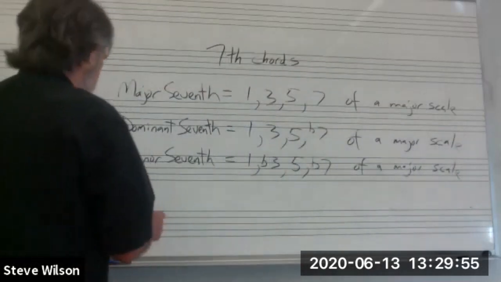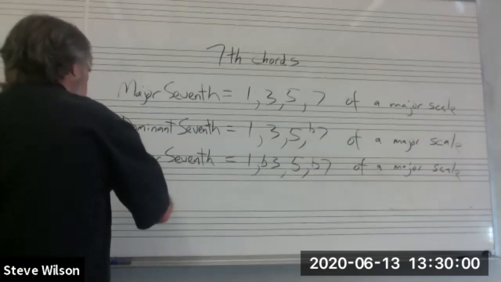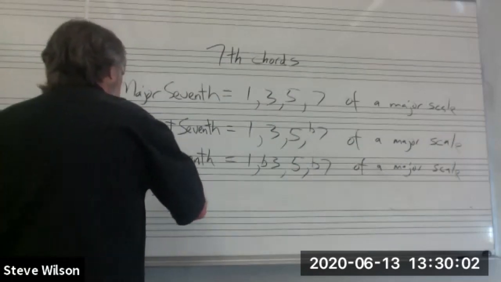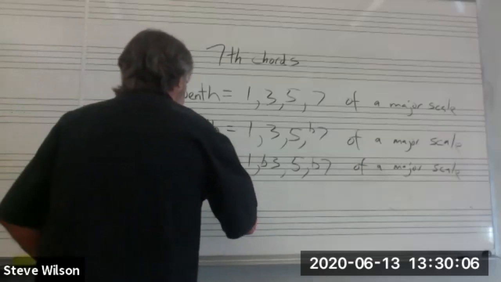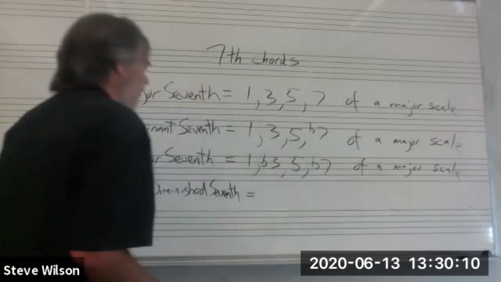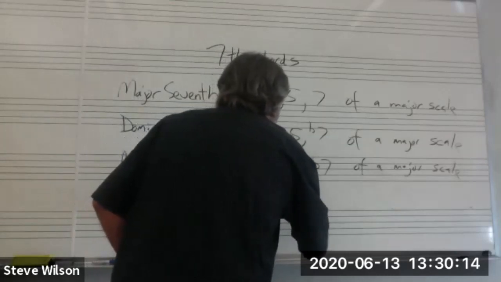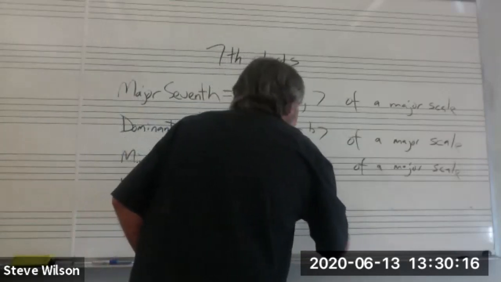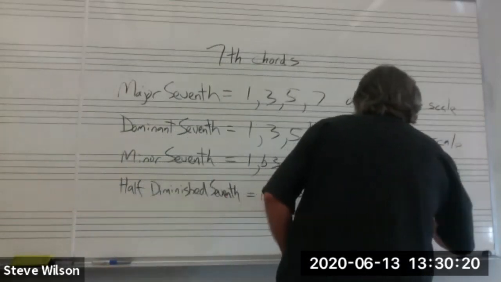Then we have something that is called a half diminished seventh chord. That is 1, flat 3, flat 5, and flatted 7th of a major scale.